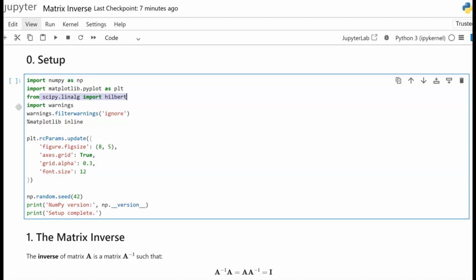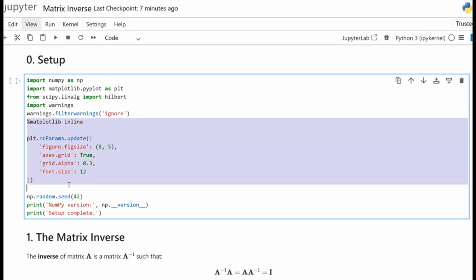We have also included the warnings module. This imports Python's built-in warnings module, which allows control over warning messages generated during execution. And we have included the default parameters for the font size, enabling the grids and setting the transparency of the grid lines to 30%, and the font size for all text in the plot to 12 points.